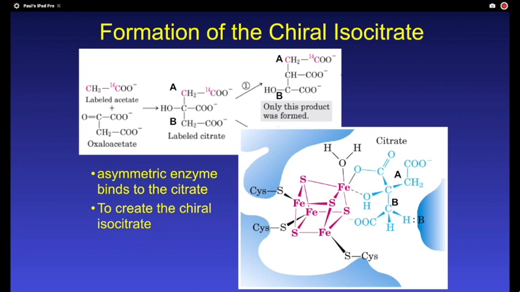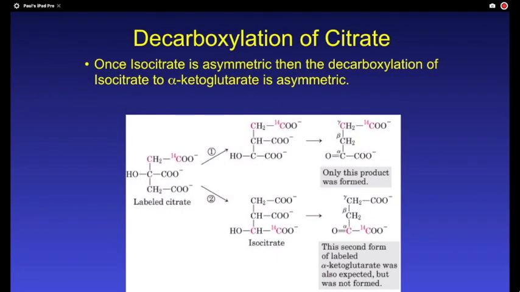So we get stereochemistry from this particular reaction by the enzyme itself. And so we only see this case where this is the acetyl, and this is from the oxaloacetate.